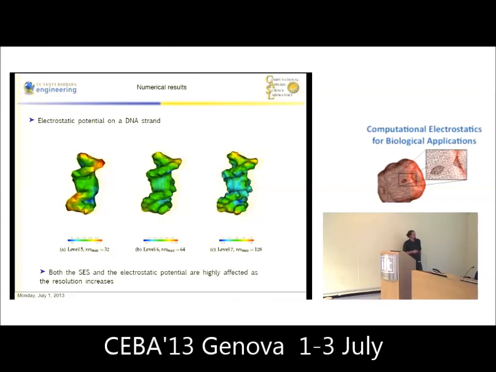Here we have very few grid points, and as you can see, the SES surface is not very refined, and we cannot capture the smaller details. As we refine the grid, the surface is getting more and more accurate, and even the potential that is depicted on the surface gets more and more accurate.